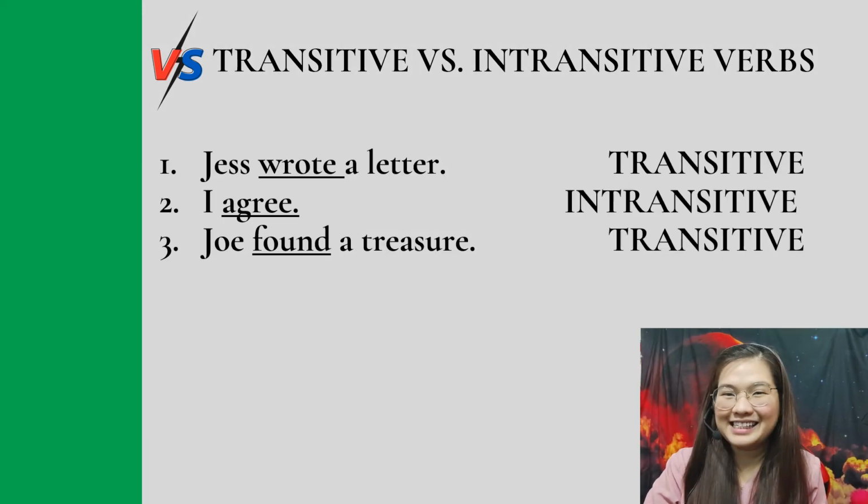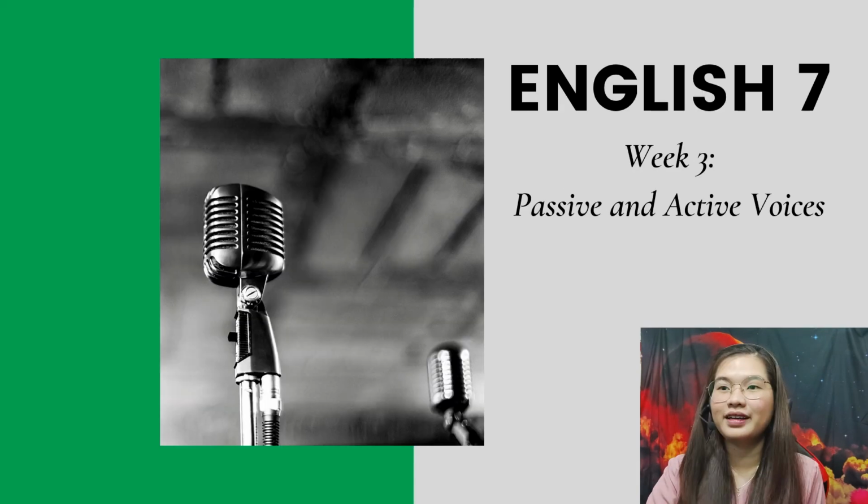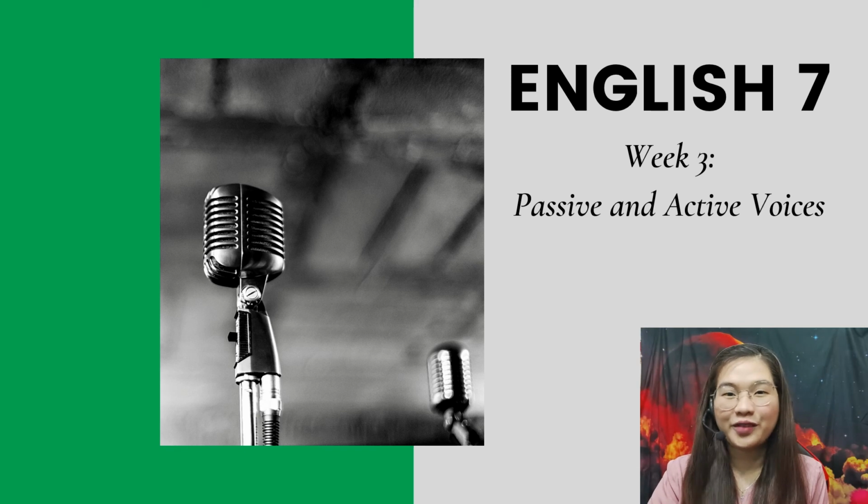Here are the answers. Now that we already know the difference between the subject and predicate, regular and irregular verbs, transitive and intransitive verbs, we are ready to discuss our main topic, which is passive and active voices.